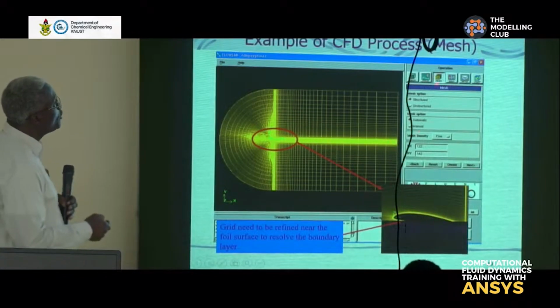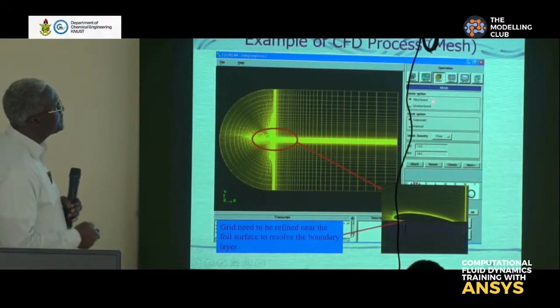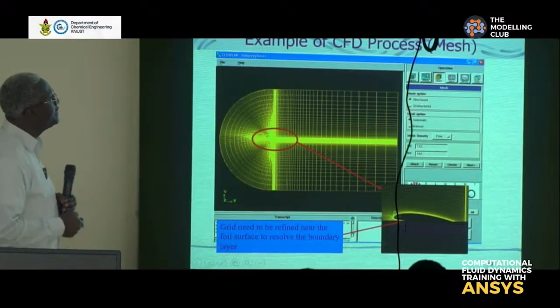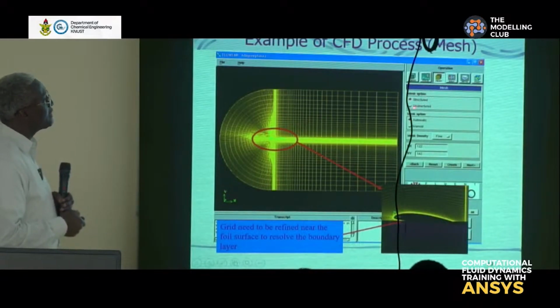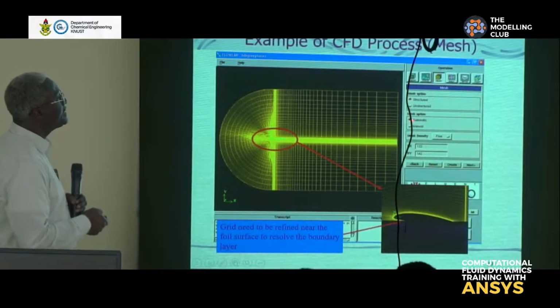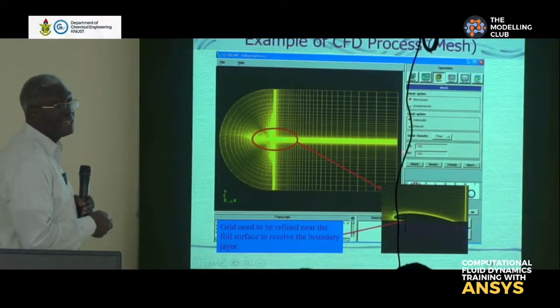Within this CFD software, in the mesh generation panel, you specify whether you want structured or unstructured. Do you want automatic, or do you want to manually enter your grid generation information?